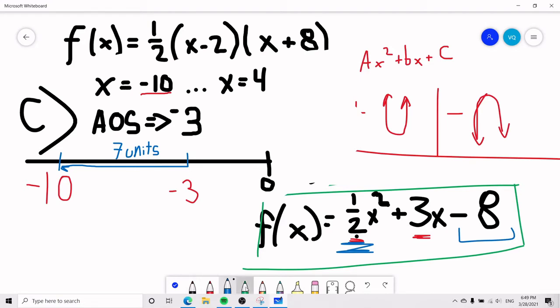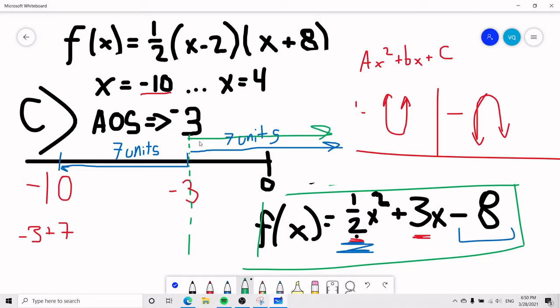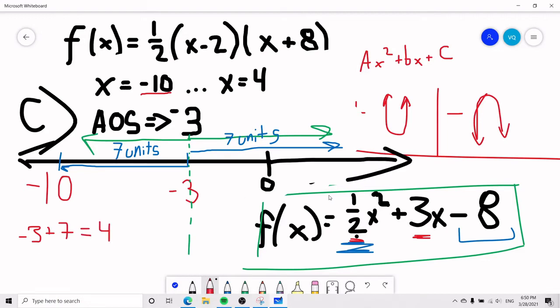And so, with the axis of symmetry in mind, I see how many units is it, 7 over here. And so I would have to do -3 plus 7. The reason I'm doing plus 7 and not -7 is because I am going to the right side. If I were going back, I would have to do minus, because this is, again, a number line. And I see where I end up. So -3 plus 7 gives me 4.